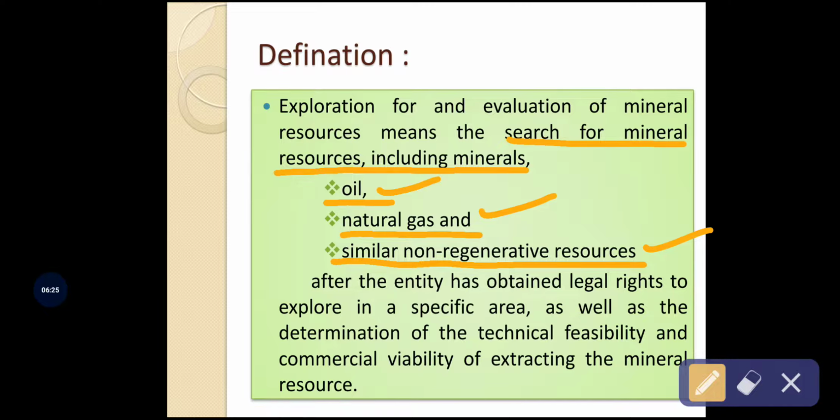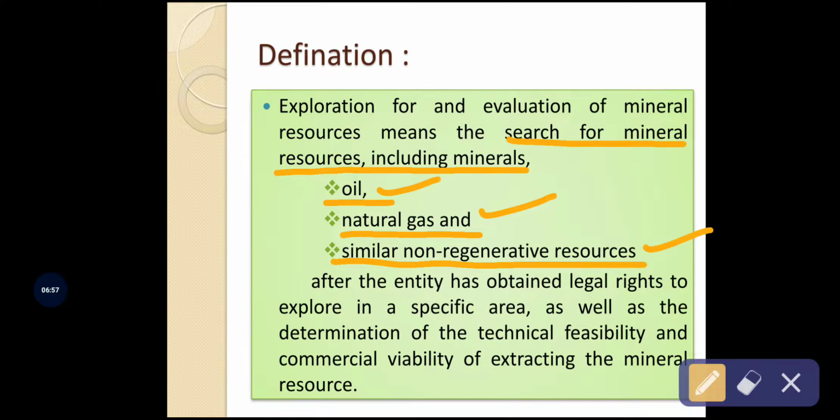To carry out that business, the firm or entity must take the consent or legal rights from the higher authority. In this particular area, where the company will explore the various mineral resources, it must obtain consent from the government authorities.